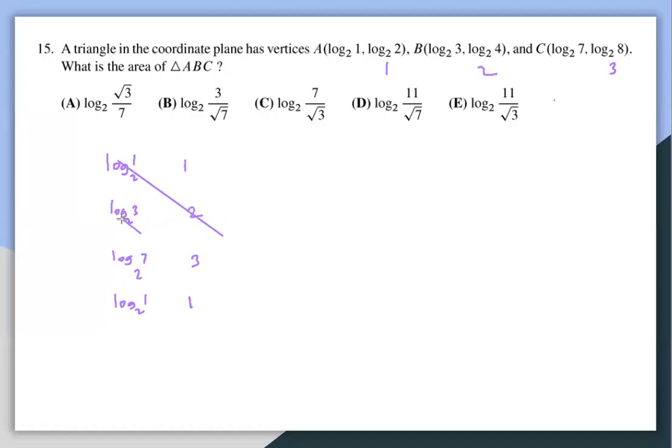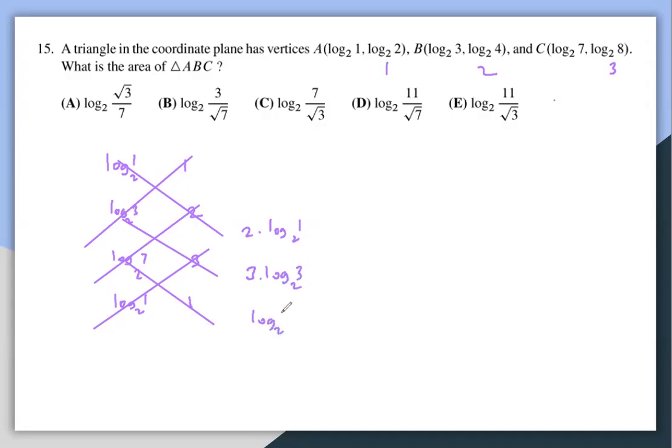So these two, these two, these two, these, and these will be multiplied. If I multiply these two, you get 2 times log base 2 of 1, and then this will be 3 times log base 2 of 3, and then this would be just log base 2 of 7.